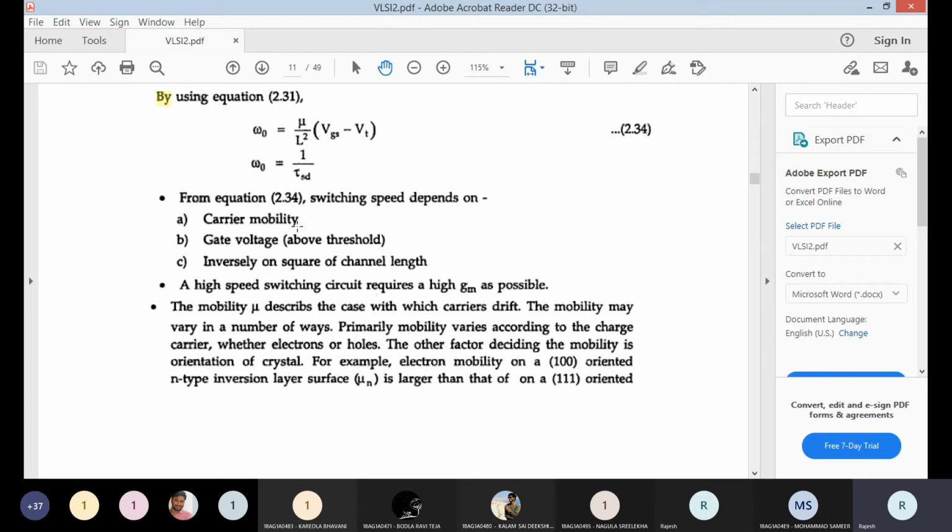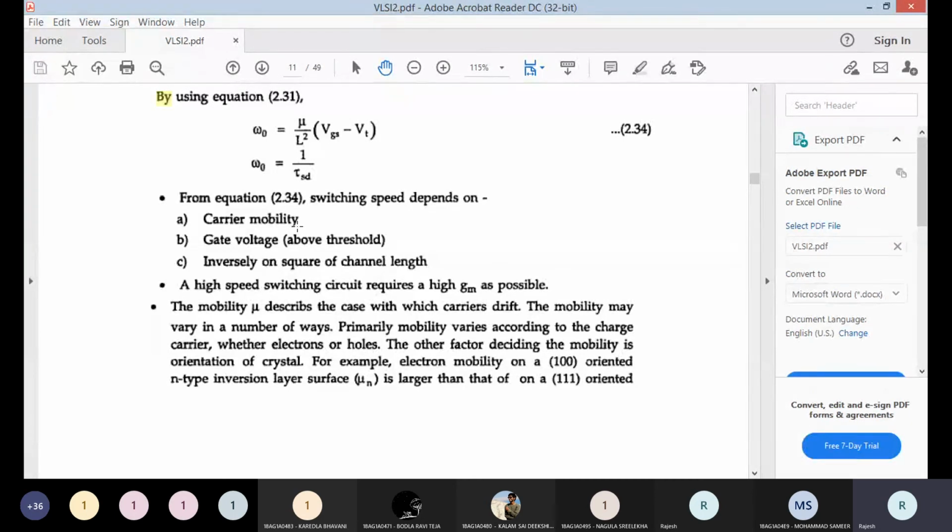Then gate to source voltage above threshold voltage. You apply threshold voltage minimum 0.2 VDD. Instead of operating above 0.2 VDD, you apply more effective VGS, that is effective voltage, VGS minus VTN. If VGS minus VTN is less, corresponding switching speed is less. If VGS minus VTN is more, corresponding switching speed will be more because there are more carriers.